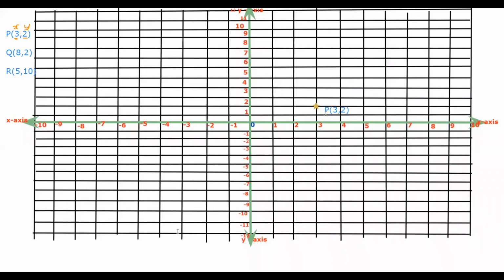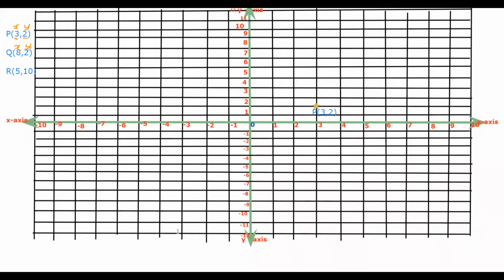Now you are done with the point P, which is formed by 3 and 2. Now the point Q here is what? Here is 8 and what? And 2. So the 8 here belongs to the X, while the 2 here also belongs to the Y coordinate.